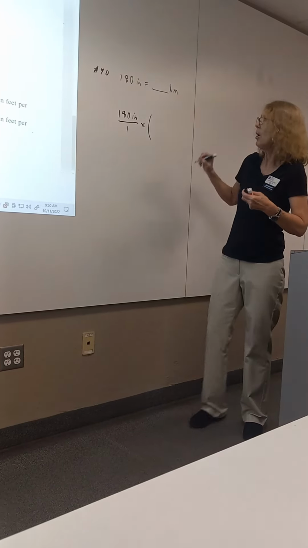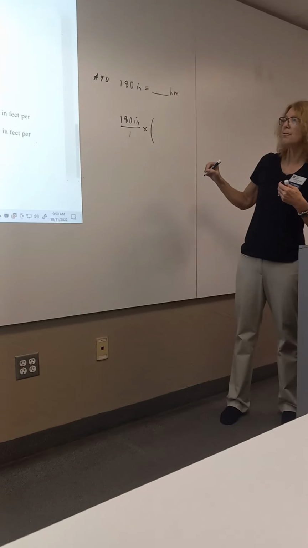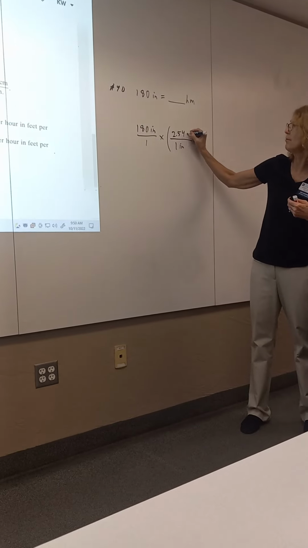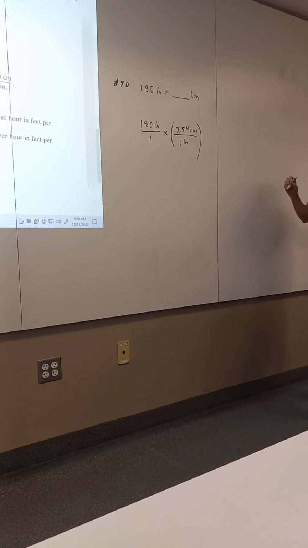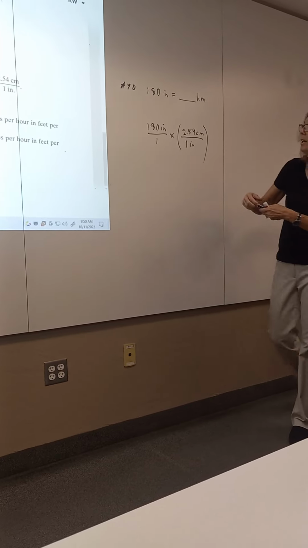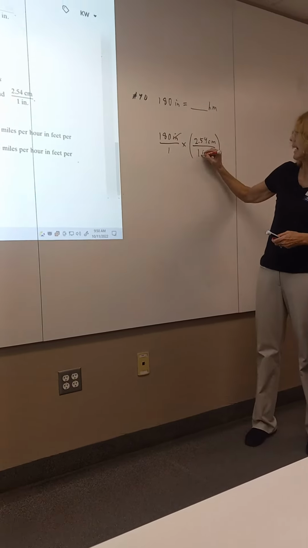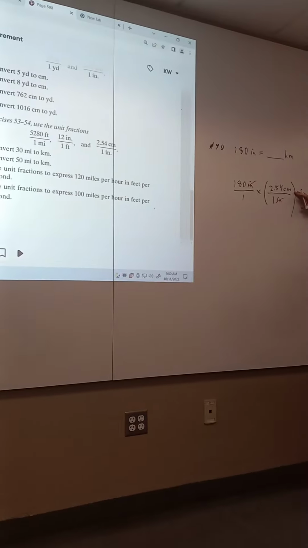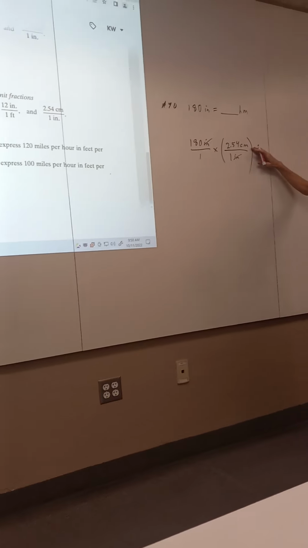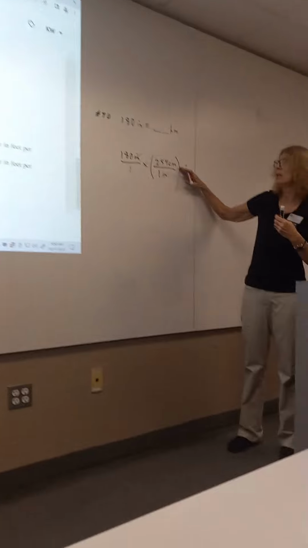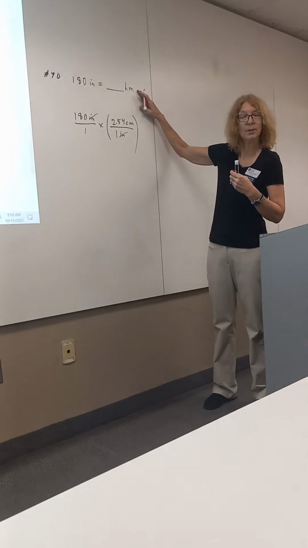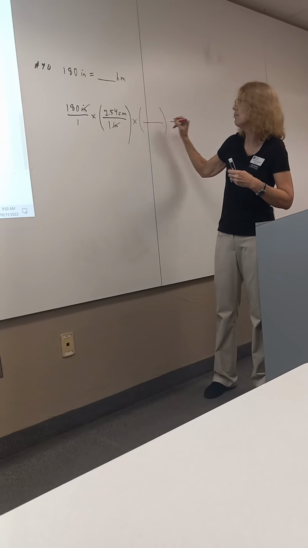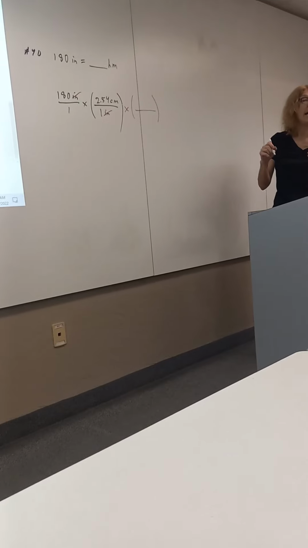So, if I were to use the fact that 1 inch is the same thing as 2.54 centimeters, and again, I'm writing that fact down in such a way that the inches are going to cancel out. There's going to be one on the top, one on the bottom, so I don't have that. Now I have centimeters. And I really like to have whatever these hm are, right? But I need another conversion fact that I don't happen to have at the moment.